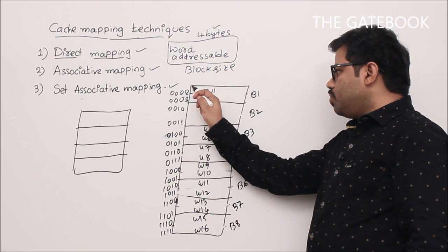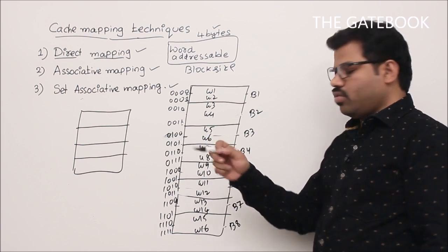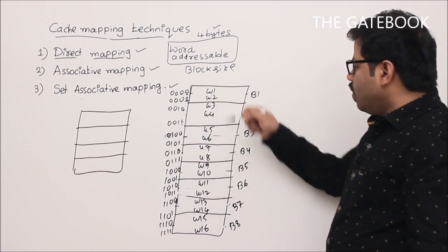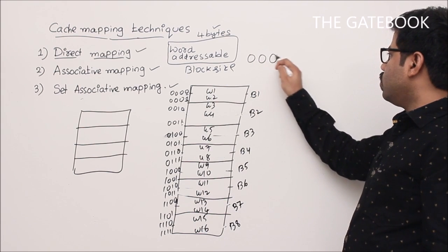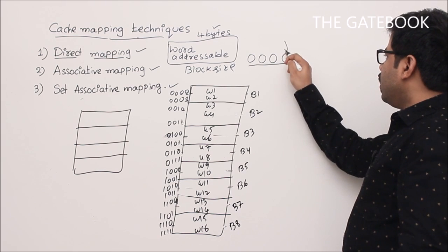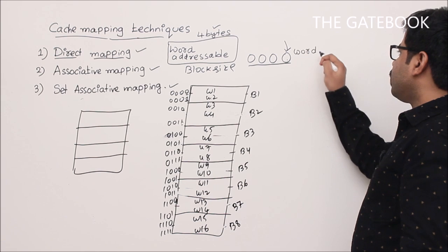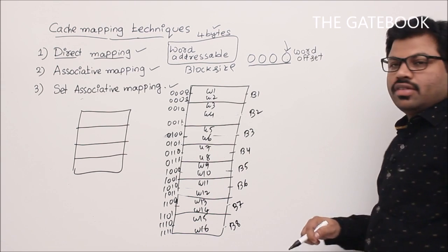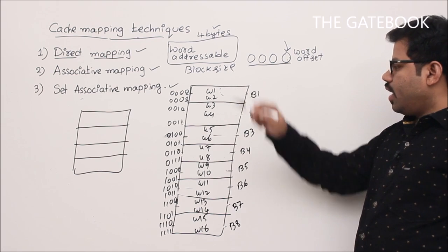In this particular block, word 0, word 1, word 0, word 1; first word, second word, in that way. So whenever you have 16 locations, with an address like 0000, the last digit is indicating the word offset, correct? That means the particular word number.